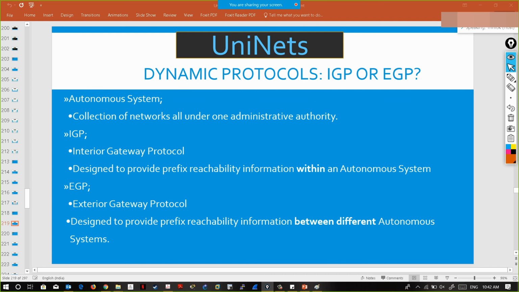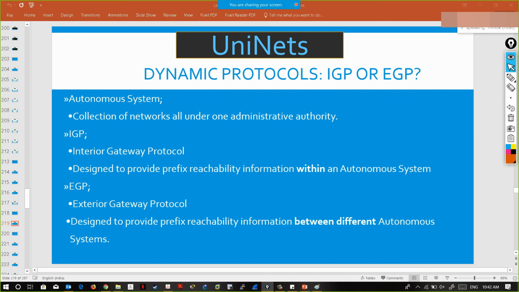So EGP is to exchange information between two or three ASes, and IGP is to exchange routing information only within one AS, the same AS. So remember this: an autonomous system is a collection of networks all under one administrative authority.